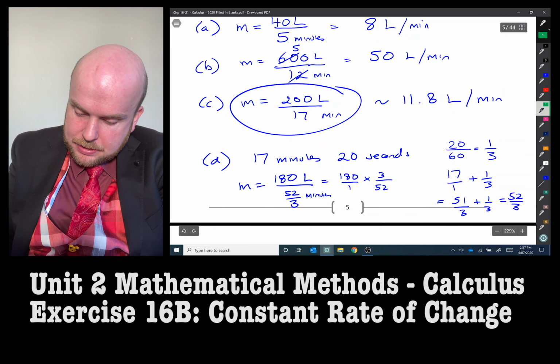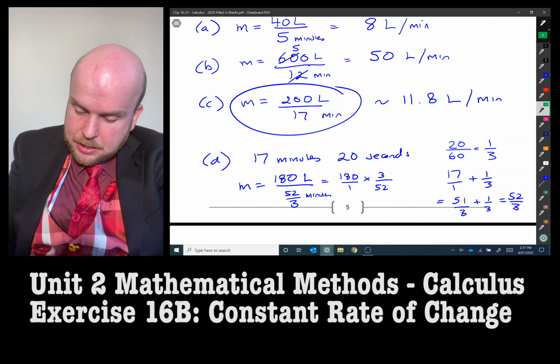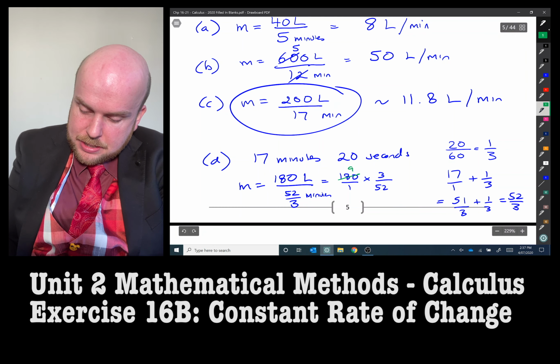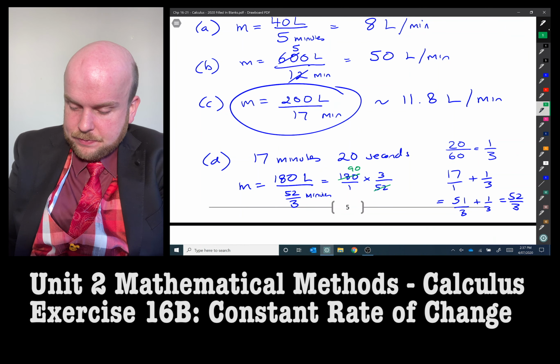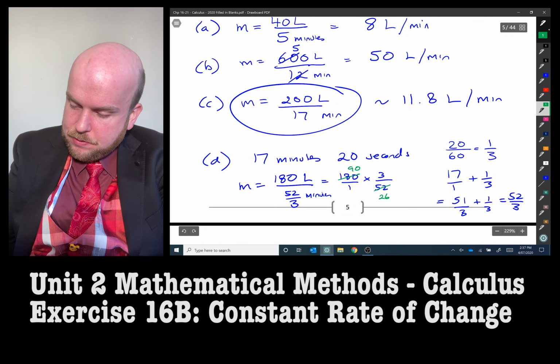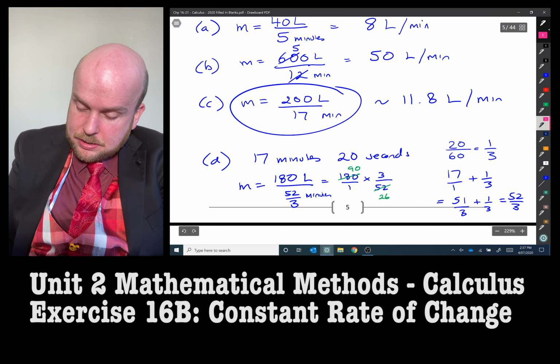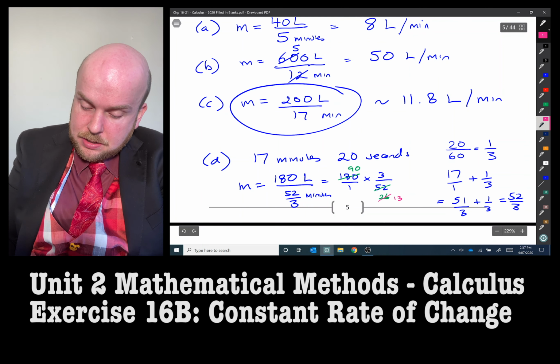Can we make this nicely divisible? That's not going to be. Well, we can at least get that into 90 over 26. Oh, it's divisible by 4, of course. So that's going to be 13, that's going to be 45.